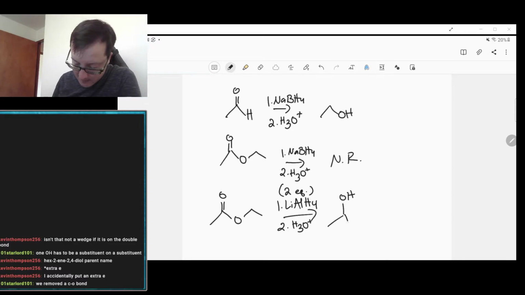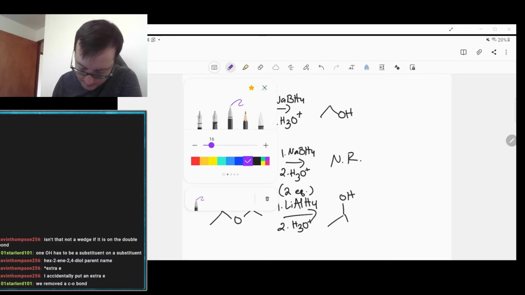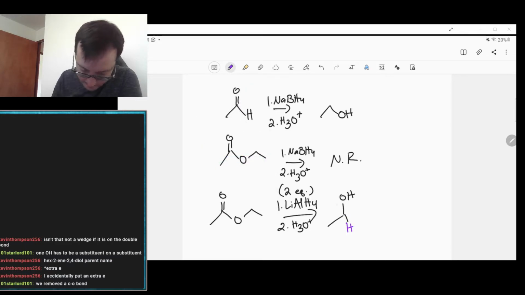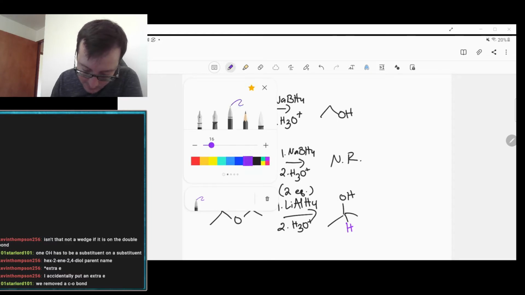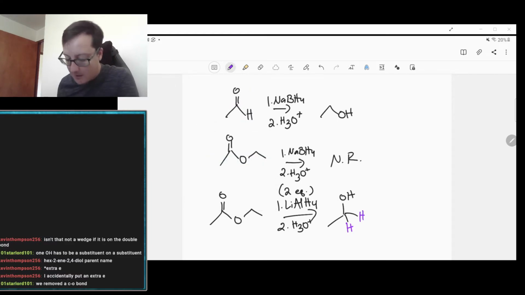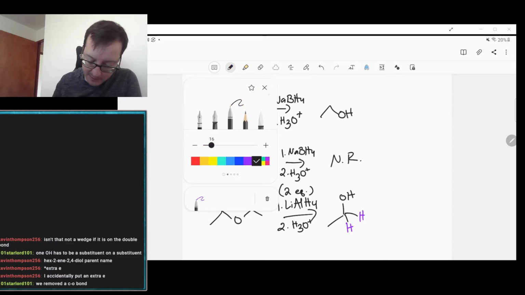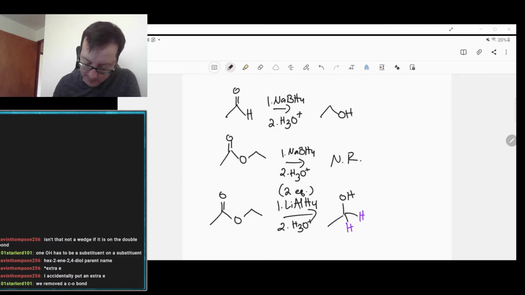We will have added two hydrogens here, each one of those coming from the lithium aluminum hydride. And on the other side, I'll make that a methyl ester, so we'll also make methanol out of the other half. We'll take a look at what this looks like.